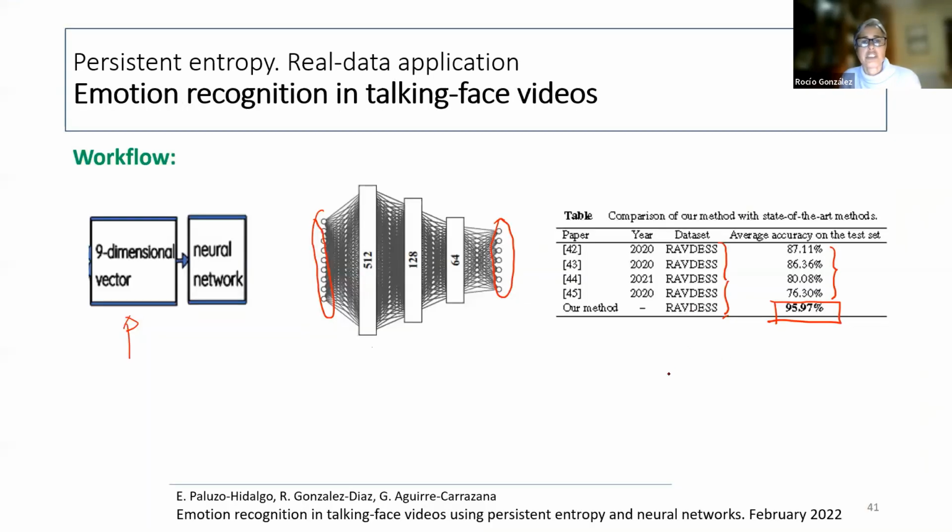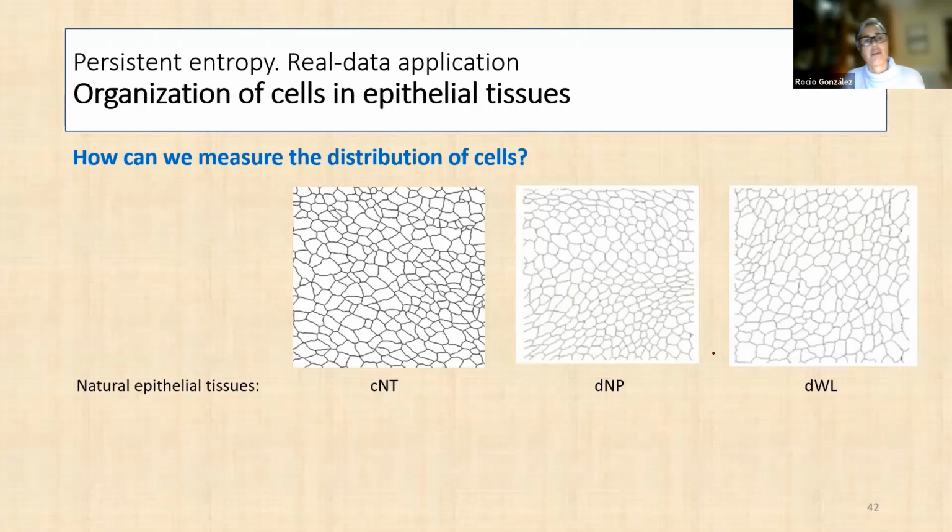So this is the first application, and for the second application we use totally different images, and they are images of epithelial tissues. These are 3 kinds of epithelial tissues, and we want to study the topology and geometry of the distribution of the regions or the cells in these tissues.